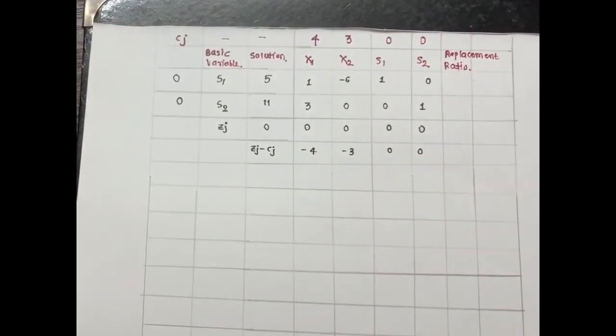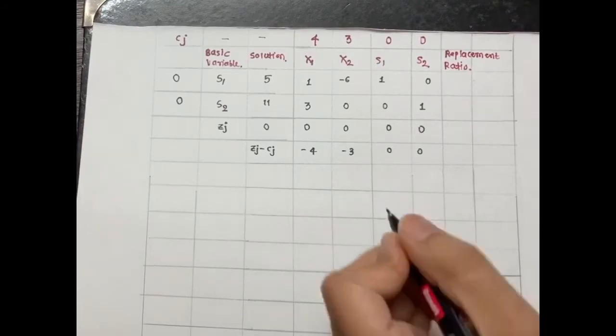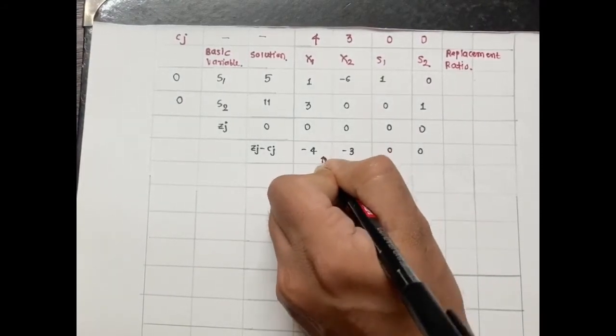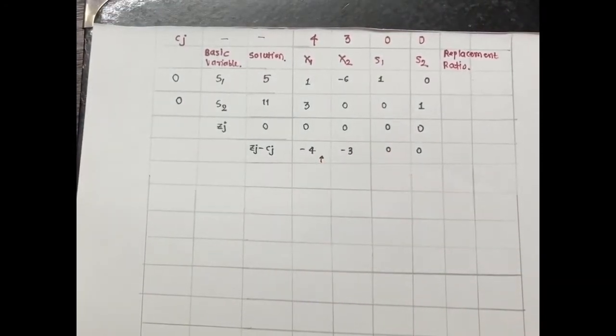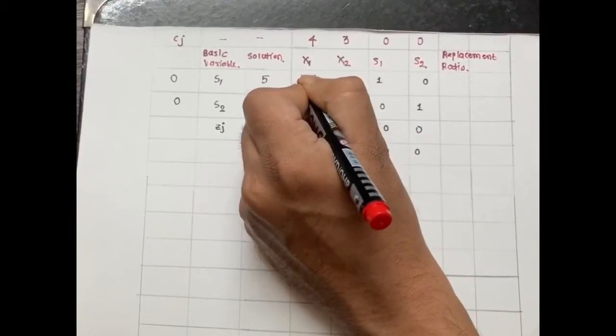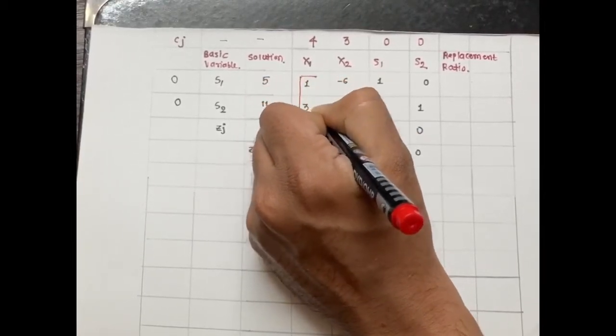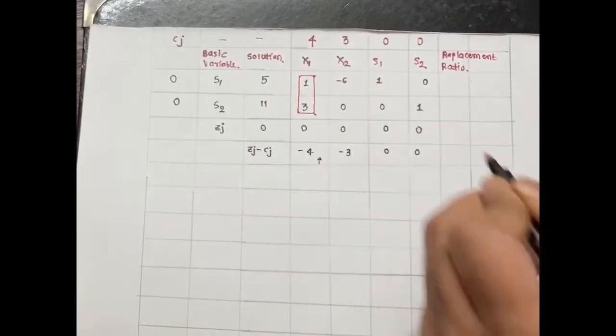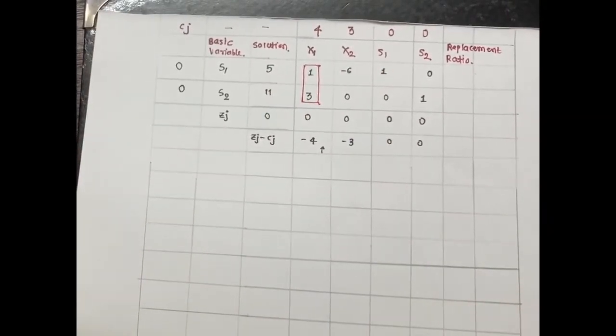The maximum negative value is with respect to the x1 variable. So x1 is my incoming variable, and this particular column is my key column. It is easy for us to understand this part.